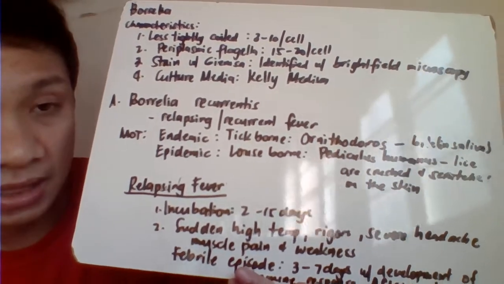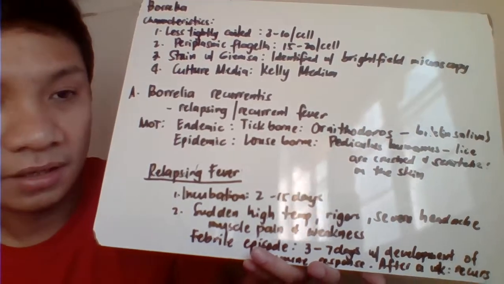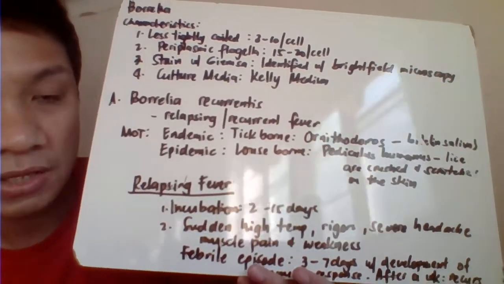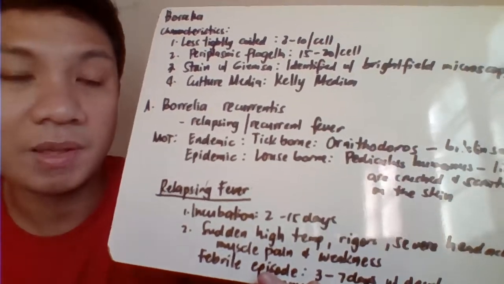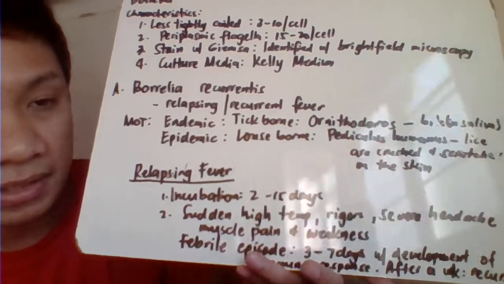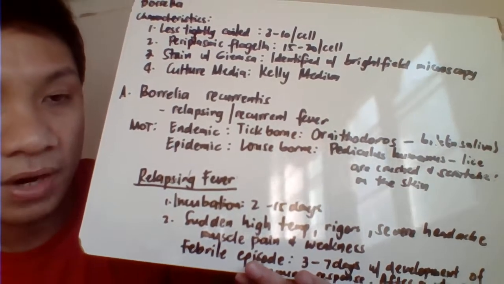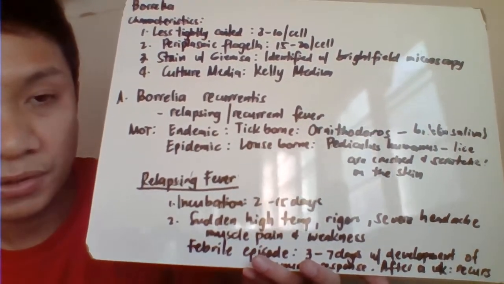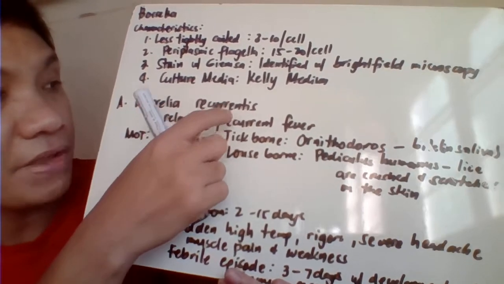There are only 3 to 10 spirals in each cell, and it contains approximately 15 to 20 periplasmic flagella wrapping around the body of the bacteria. This one stains readily with your Giemsa stain. So you could use your blood as the sample, like in the case of relapsing fever.